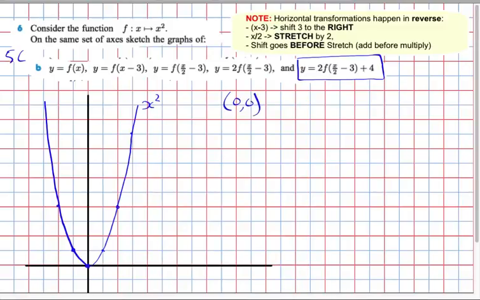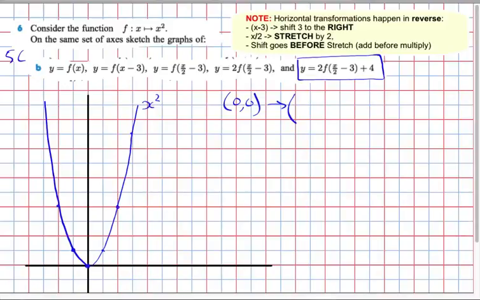Now what happens to x in a horizontal manner? At negative 3, we can see the thing is shifted to the right by 3, and it's x over 2. So according to my note, it's a stretch by 2, and the shift comes before the stretch.